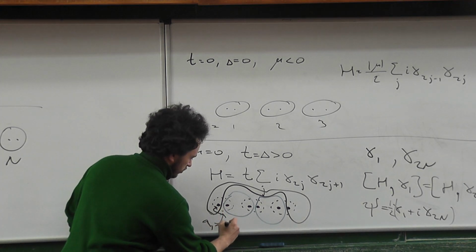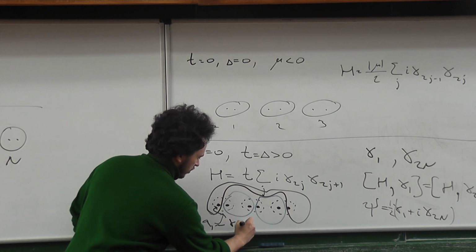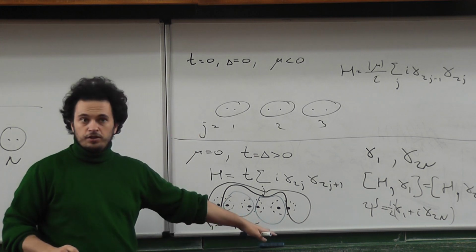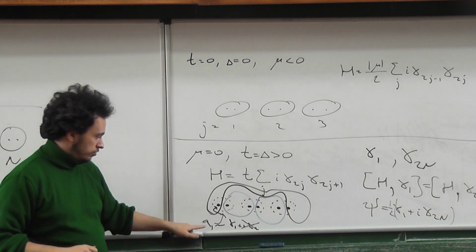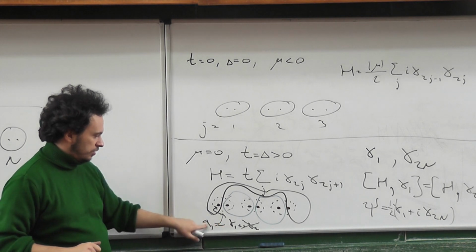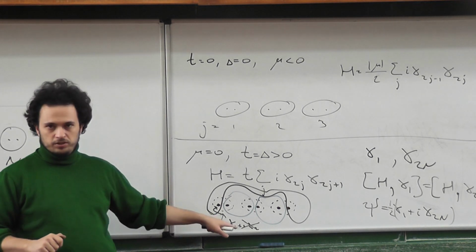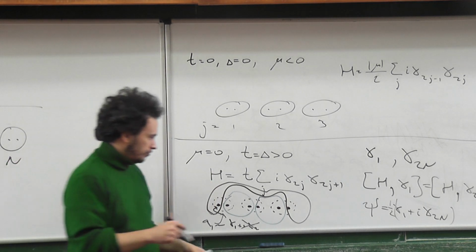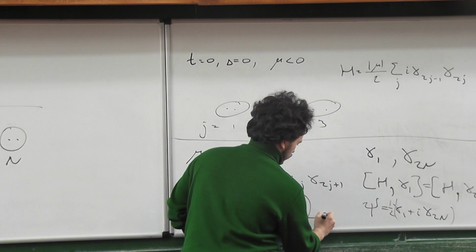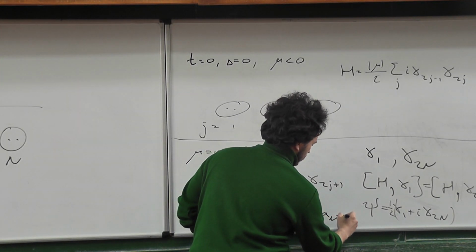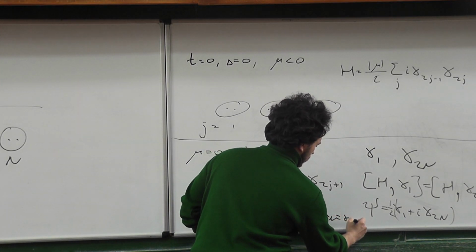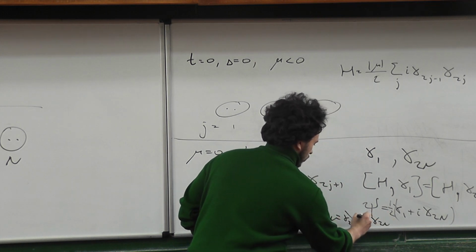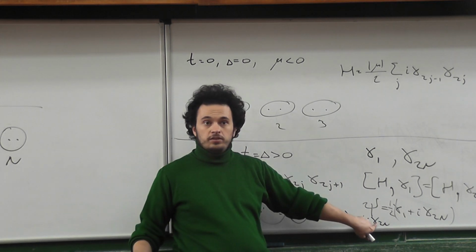So A1, which is gamma 1 plus i gamma 2, the action of gamma 2 costs energy. So A1 in this ground state subspace acts as gamma 1. It switches the occupation of this non-local fermion. Also AN acts as gamma 2n.